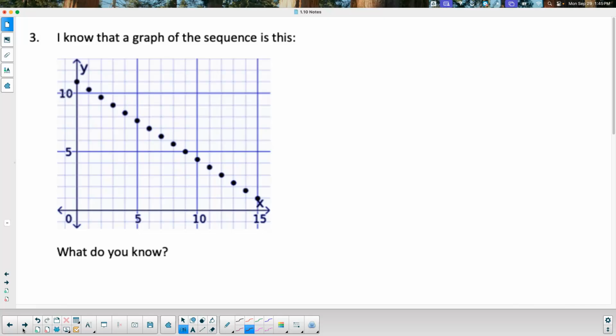What type is it? Why is it arithmetic? Not enough. No exponents. Nope, is it because it's a line? Yep, it's a line. Yep, it's linear. Okay, so it's arithmetic.